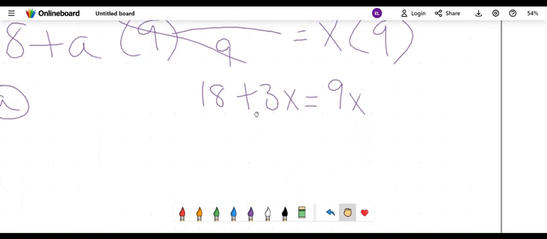Okay, so now, as usual, like I said, subtract both sides by the smallest term with a variable, which is 3x, so we subtract 3x from both sides. Okay, so that's over. So we'll have 18 equals 9x minus 3x, which is 6x.